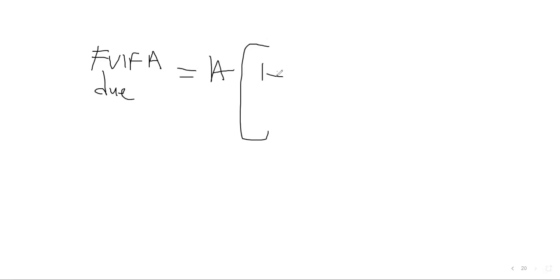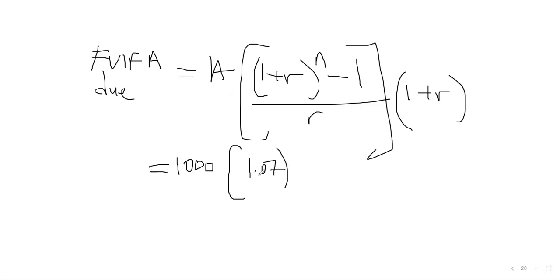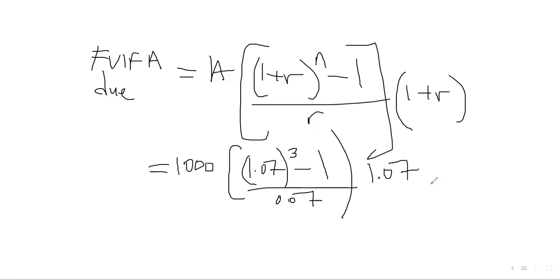Then we have (1 plus R) to the power n minus 1, over R, and then you multiply this by 1 plus R. So on the due aspect, the amount is 1,000 here, then 1.07 to the power 3, minus 1, over 0.07, then multiplied by 1.07.